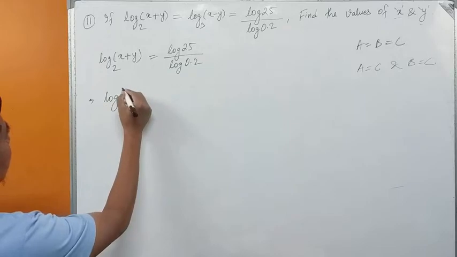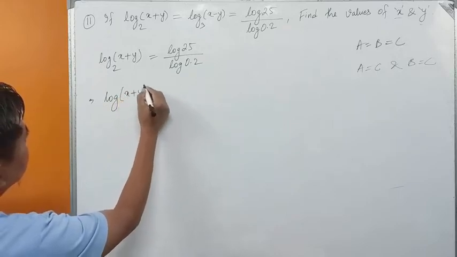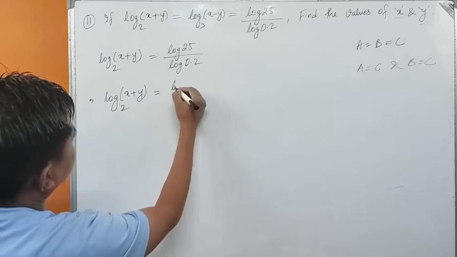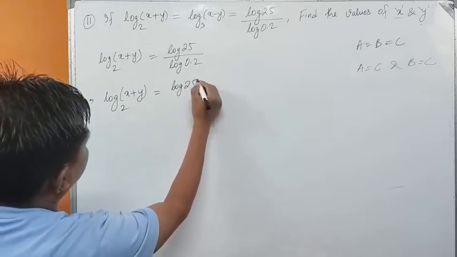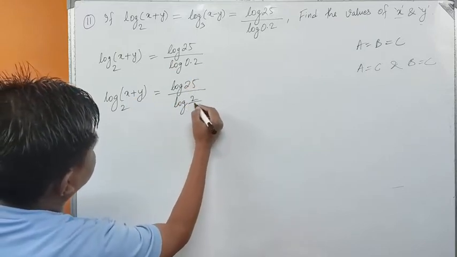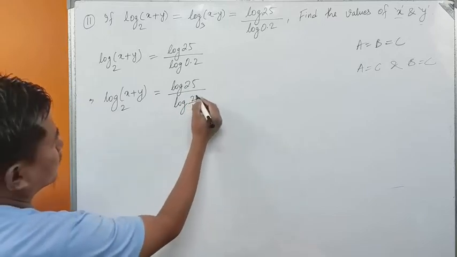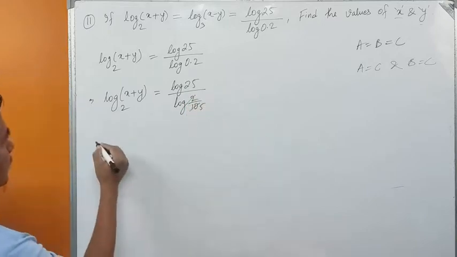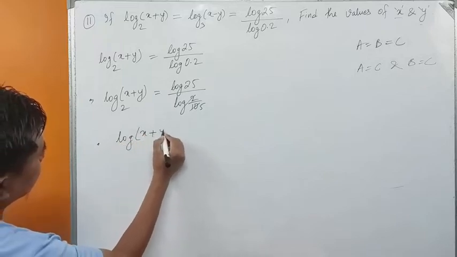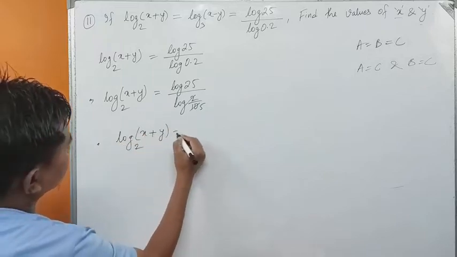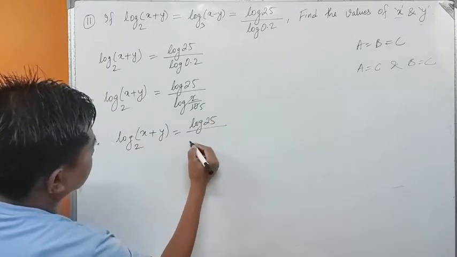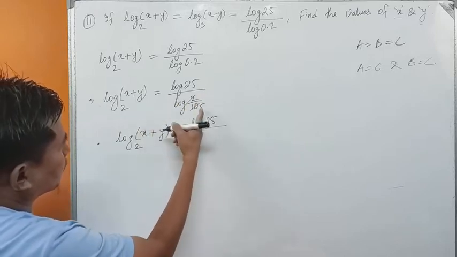Log (x plus y) to the base 2 equals log 25 upon log 0.2. Log 0.2 means log 2 by 10. So 2 ones are 2, 2 fives are 10, or log 1 upon 5.